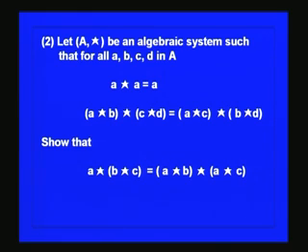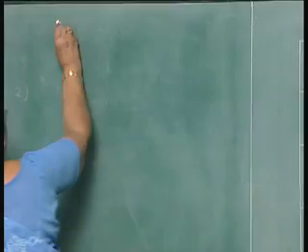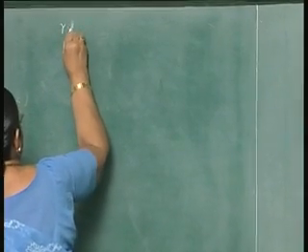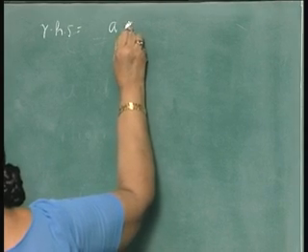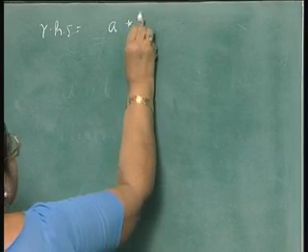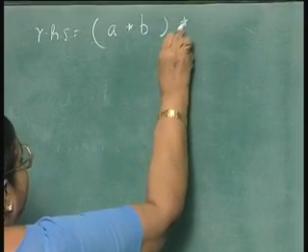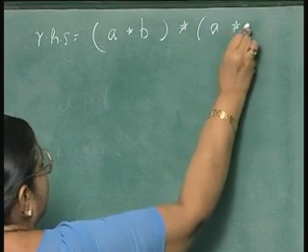Show that A star (B star C) is equal to (A star B) star (A star C). Let us take the right hand side of the result we want to prove. The right hand side is (A star B) star (A star C).